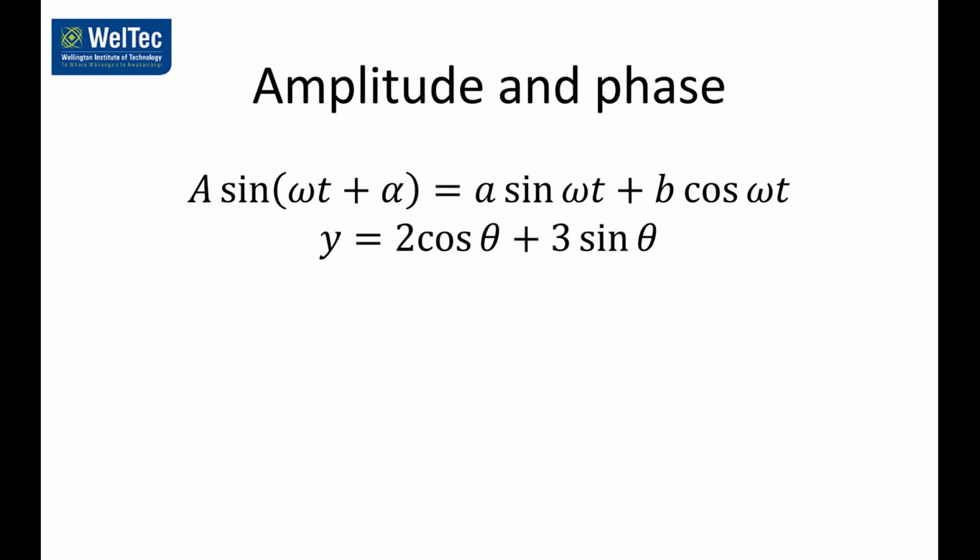What we can do here is base the work on trig identities from the previous class. If you look up y equals r sine x plus alpha, then we can rewrite that as r sine x cos alpha plus cos x sine alpha.